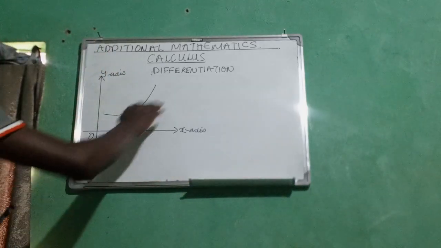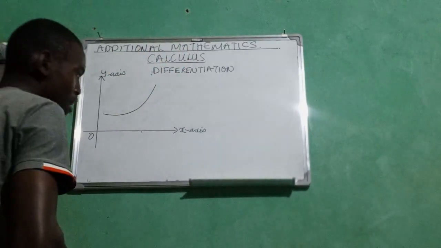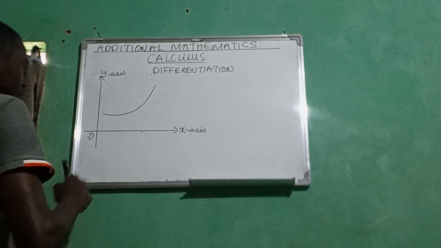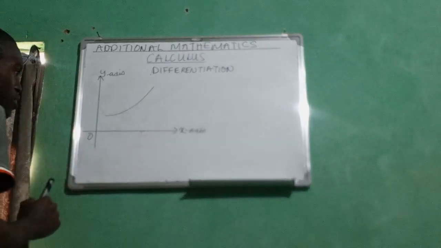So we have a curve. Any curve, you're just given a curve like that, and then you have a particular point here, for example. Let me draw the curve better, like that. Okay, that's more like a curve.